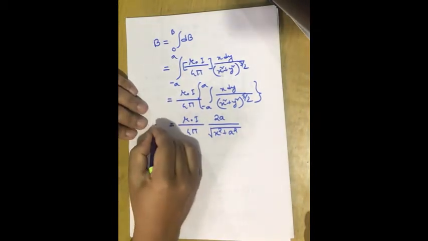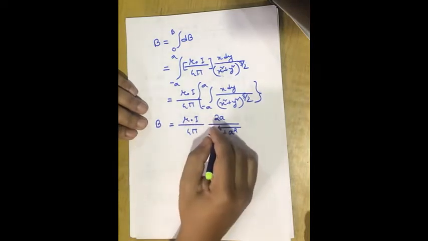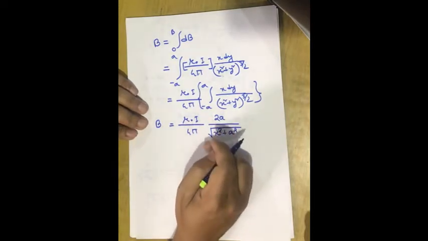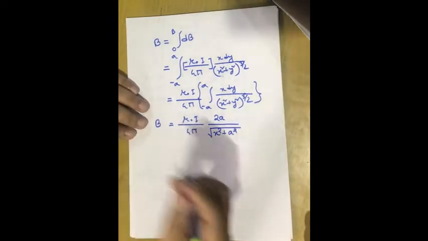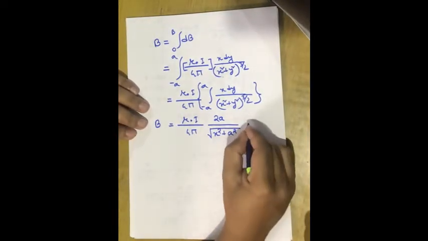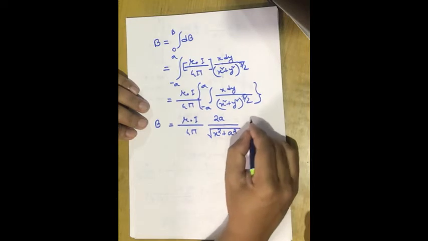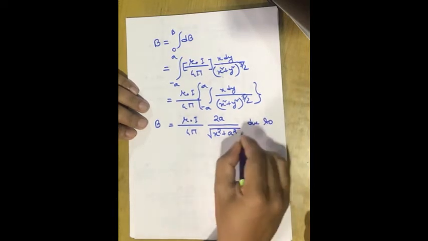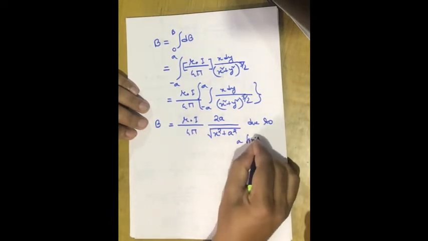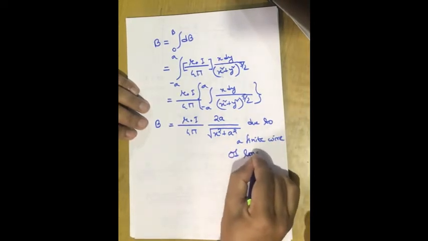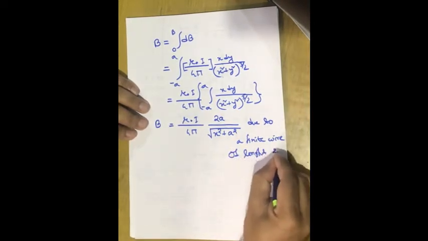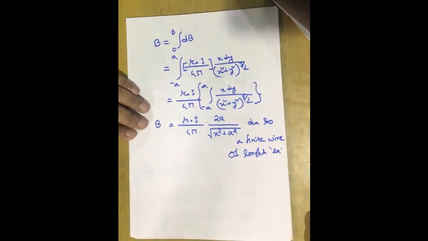So the value of B is equal to mu naught into I divided by 4 pi x, times twice a over root x square plus a square. This is the magnitude of the magnetic field due to a finite wire of length twice a. So this value we obtain.